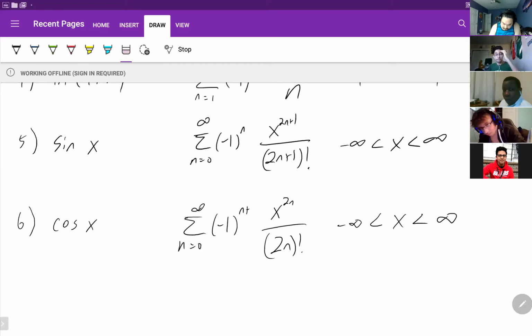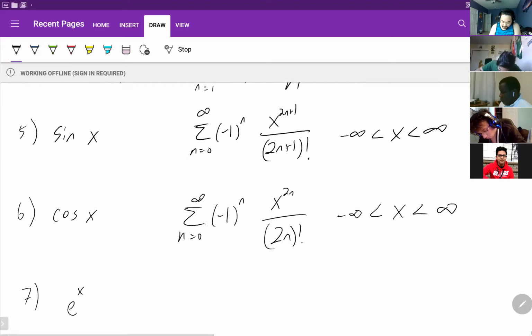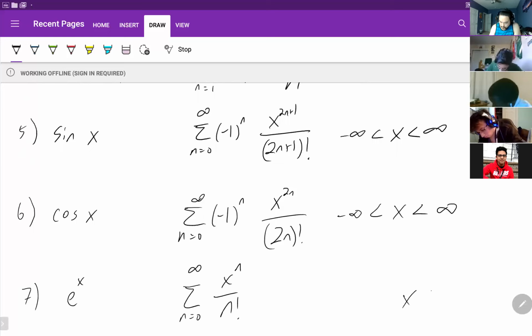My fault. And then the last one is e to the x. This one does not have an alternator. It is just x to the n over n factorial. These converge everywhere. These are the 7 deadly series.